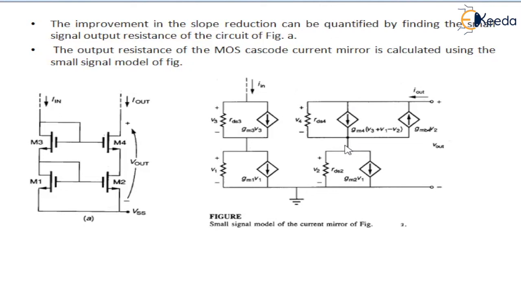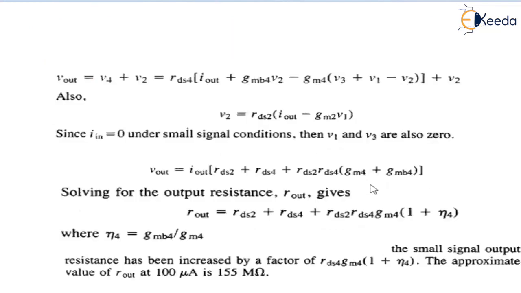This I out is also flowing in this branch, so the current flowing in the V2 branch will be I out minus GM2 V1. So V out equals V4 plus V2; I have already discussed how it arrived, and V2 is equal to this.